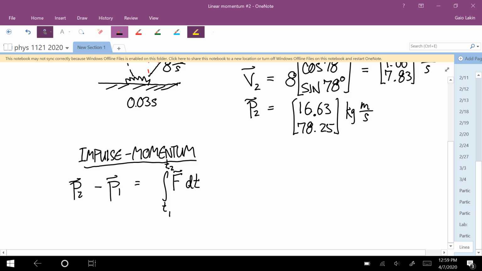If we're just trying to calculate the average force, then that F is just going to be a constant, and we can pull it out.